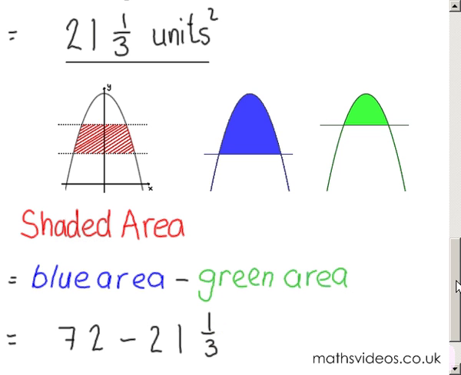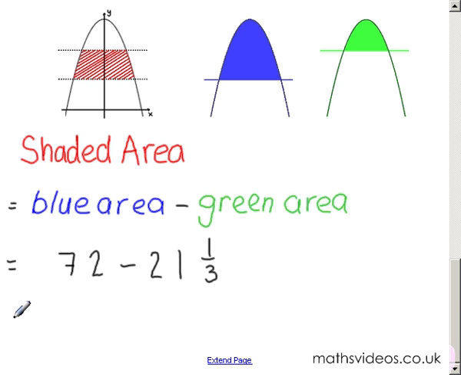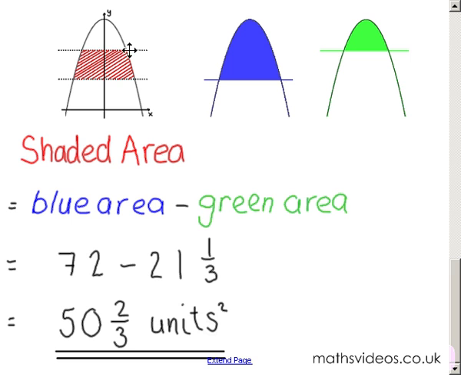So 72 take away 21 and 1/3 gives us our answer, which is 50 and 2/3. And we have square units. So that's our final answer, the area of the shaded section.